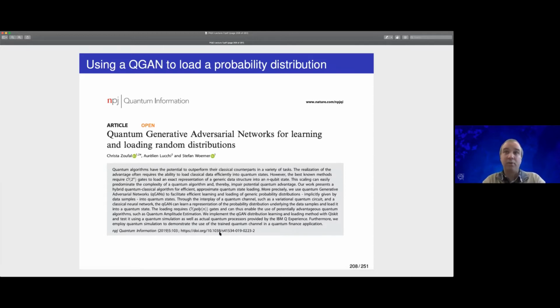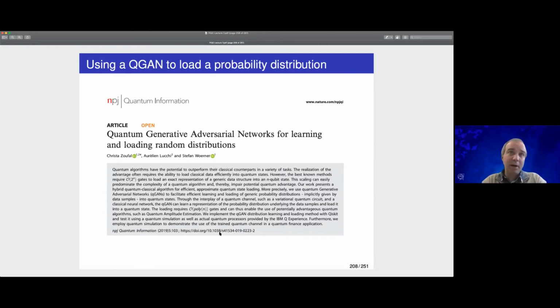So if we have a general distribution, there is no polynomial algorithm that creates a circuit that is able to sample from this distribution in general. So this is a useful task that can be more or less successfully tackled with this proposal of a quantum generative adversarial network.